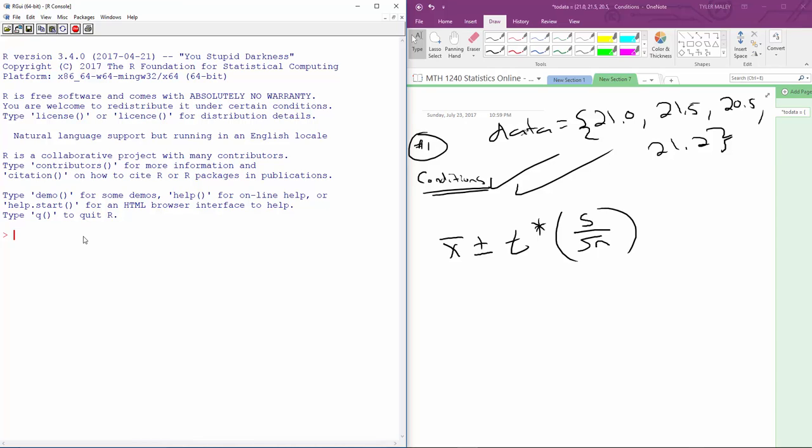We could upload an Excel file into R, but since we only have 4 data points, I'm just going to use the c command to list them. I'm going to call this data1 for question 1, and for question 2 I'll call it data2, so that we remember what is what.